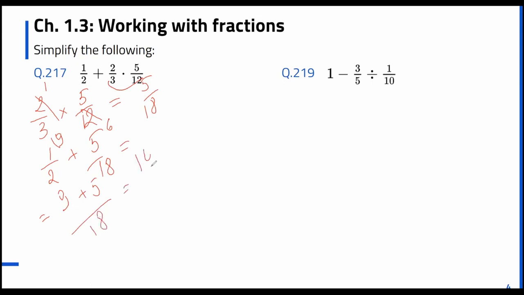So here is 14/18. It's better to make it simpler, so we can divide both the numerator and denominator by 2. So we'll have 7/9. It's the final. Okay, it is the final variant of this fraction, the most beautiful and the most correct one.